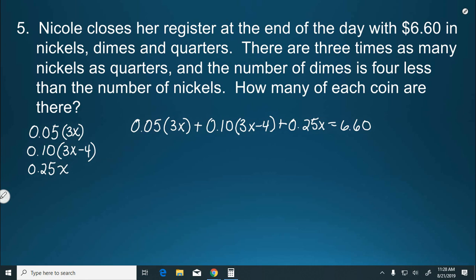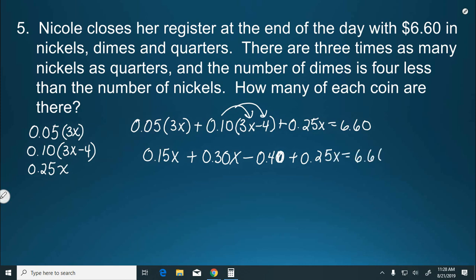All right, so 5 cents times 3x is 15 cents x plus, distribute, 10 cents times 3x is 30 cents x. Even some little mistake like that, when you go to the next step, you might think you wrote a 6 instead of a 0. Minus 4 times 10 cents is 40 cents, no x, plus 25 cents x equals 660.